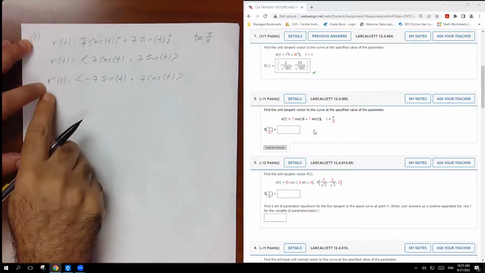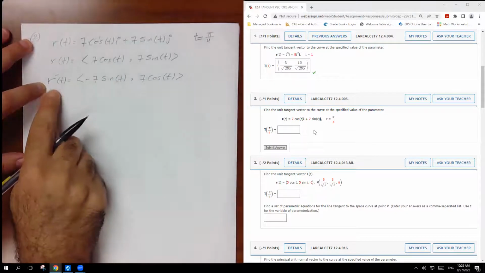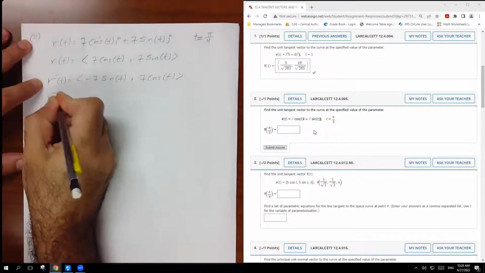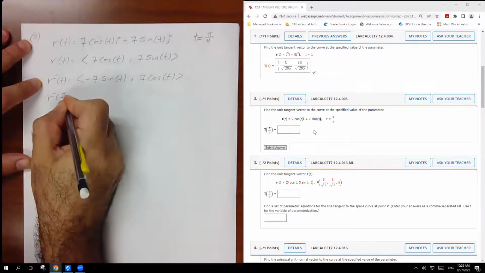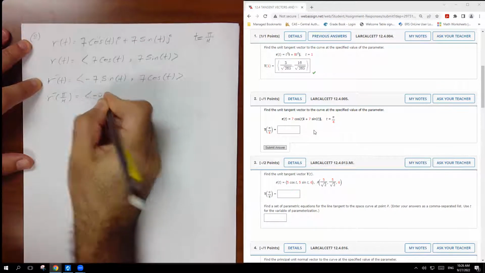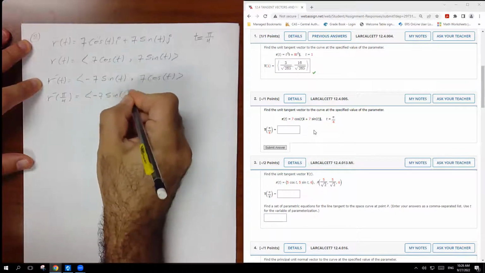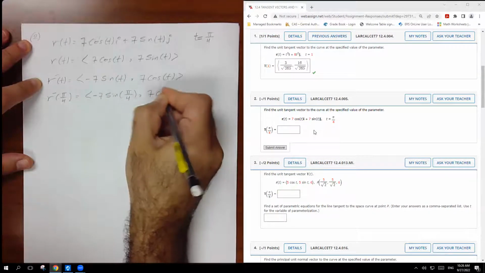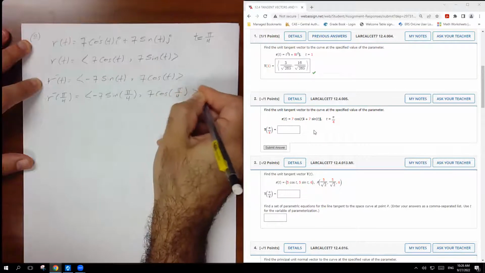Then I need to find the unit tangent vector, so I'm going to plug in pi over 4 here. So r prime at pi over 4 is going to be equal -7 sine pi over 4, 7 cosine pi over 4.